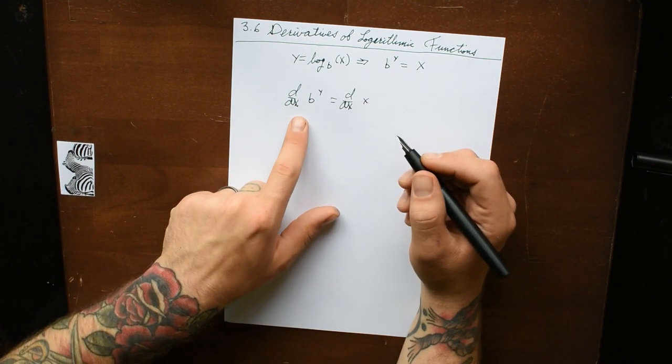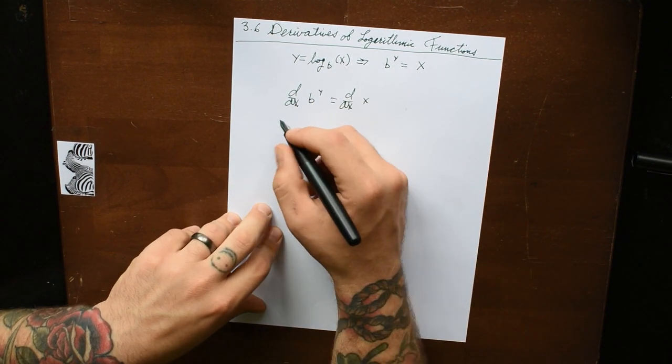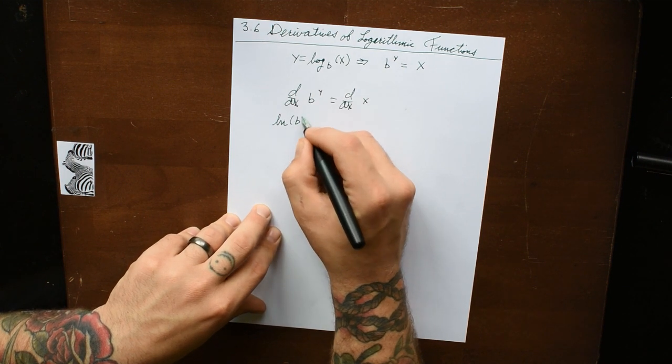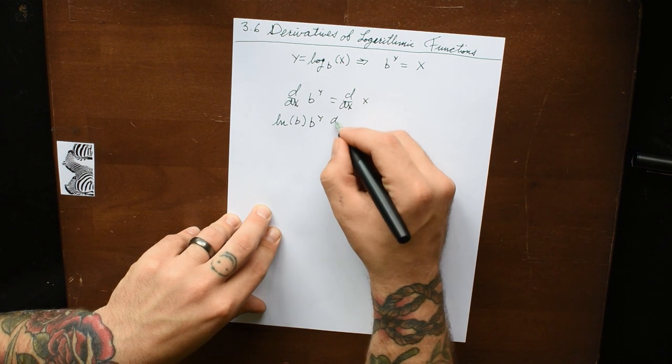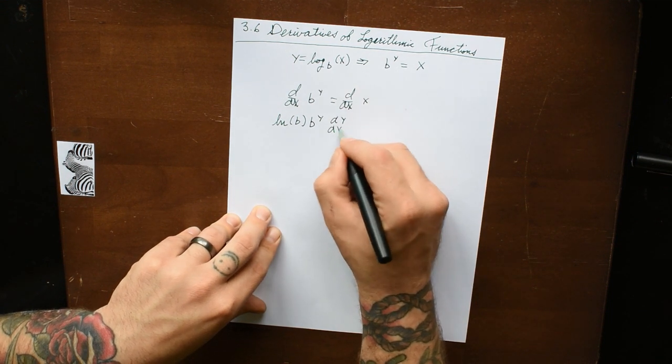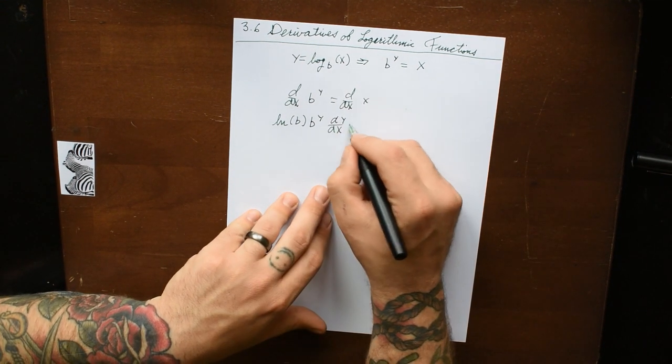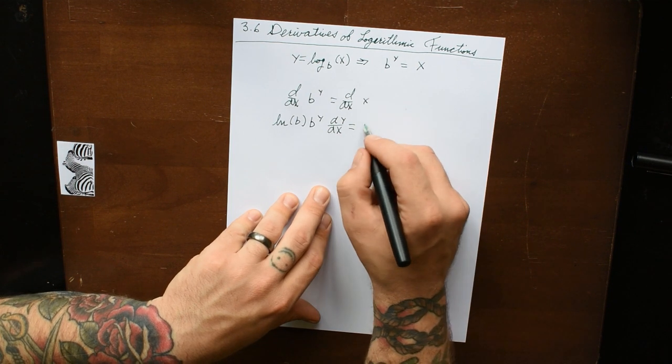Well, the derivative of b to the y is the natural log of b times b to the y times the derivative of y with regards to x, and that's equal to the derivative of x, which is just 1.